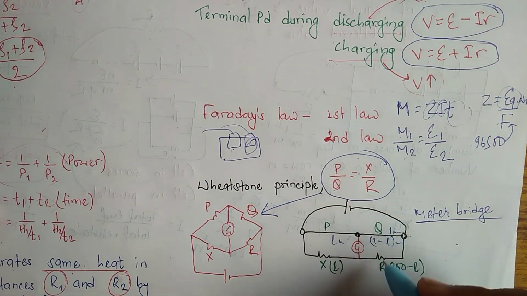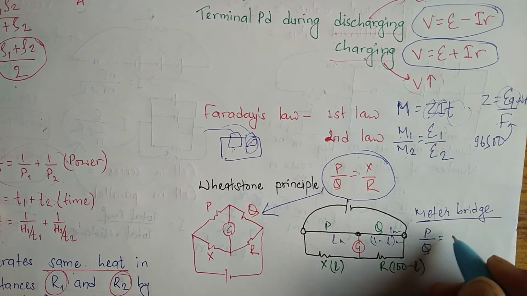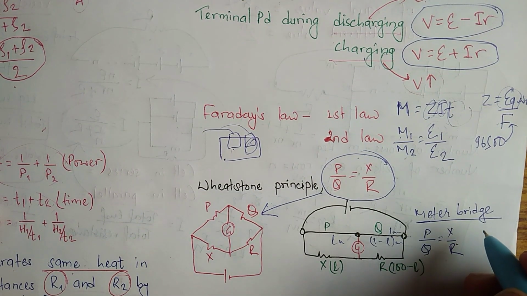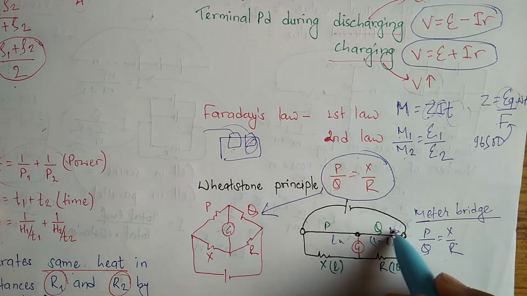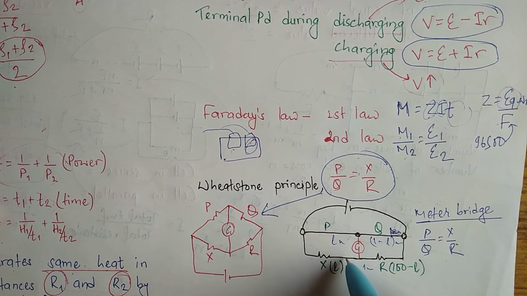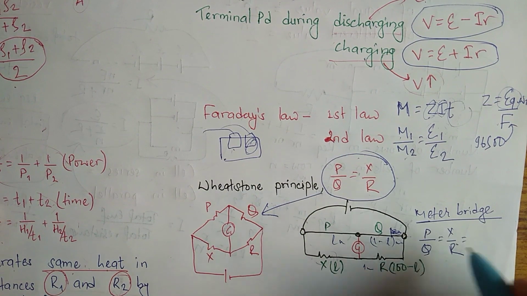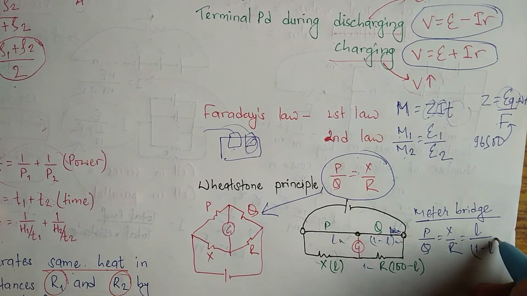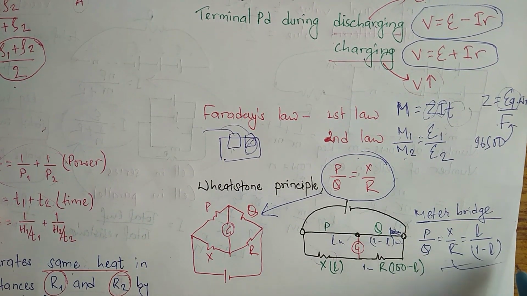So if we take it as resistances in this, it will be P by Q is equal to X by R. Sorry, this will be 1 meter. And if this is L, it will be 1 minus L. So X is L, R is 1 minus L, or 100 minus L if it is in centimeter. So this is the relation for meter bridge.